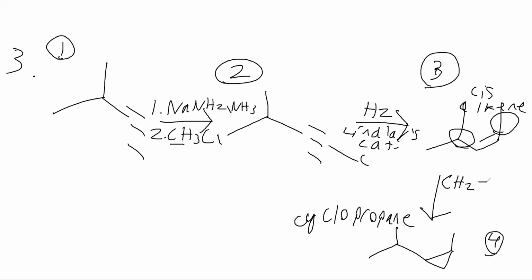It's CH2I2 and zinc copper with some ether solvent. But this part here is what's important. The CH2I2 and the zinc copper will form a cyclopropane from a double bond. So that's that last step.